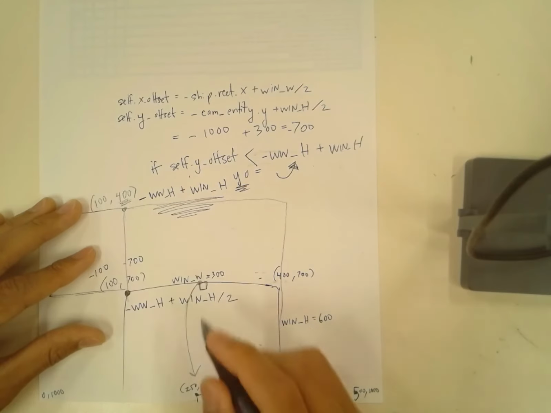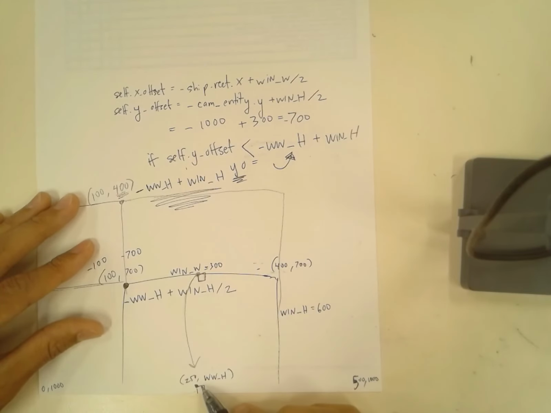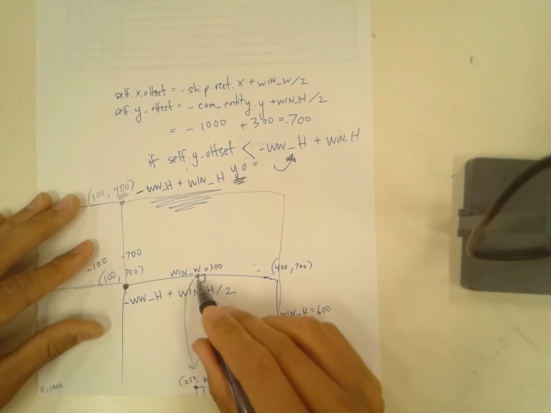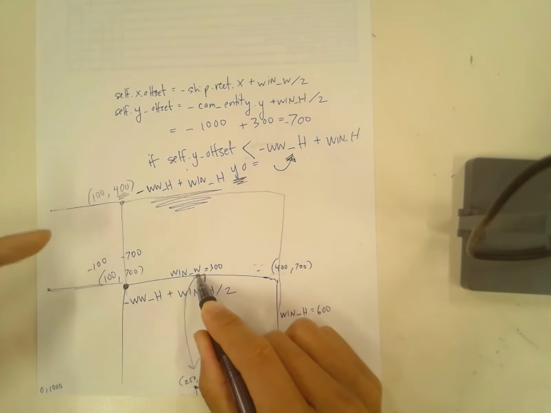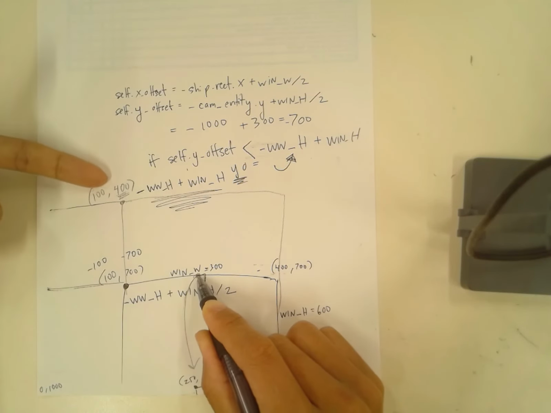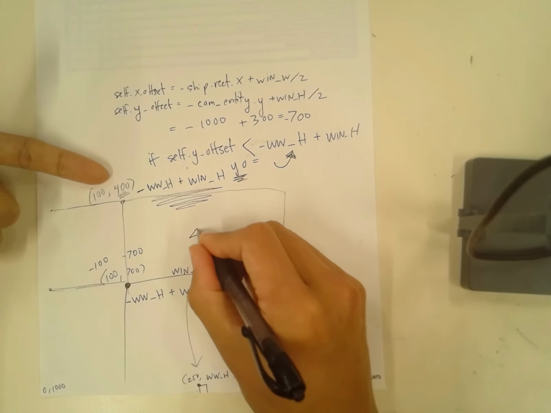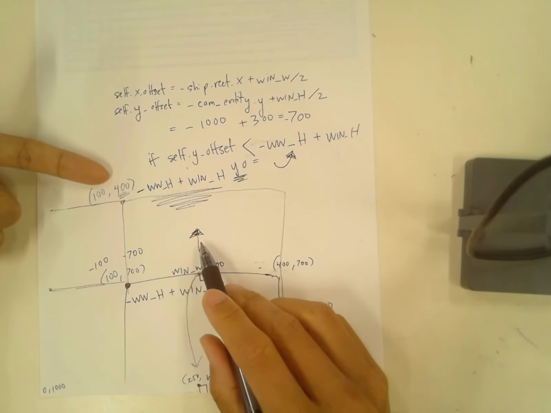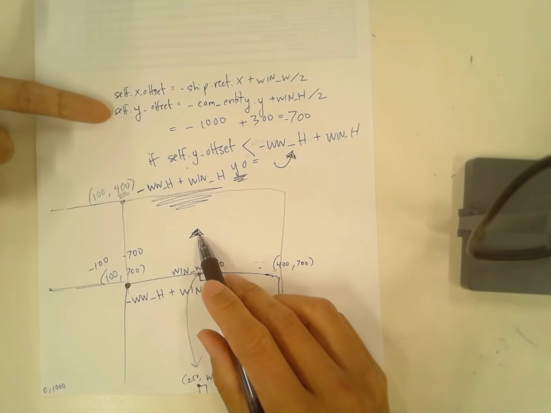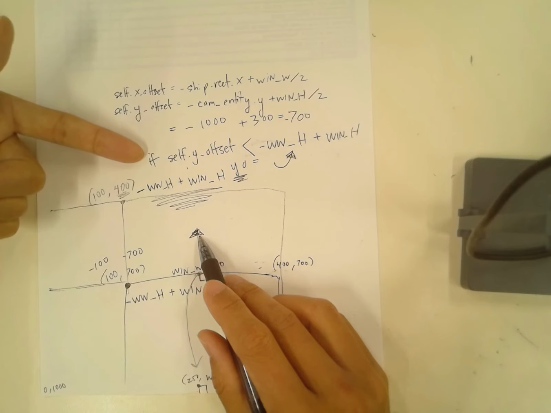When the camera entity is here, until when the camera entity gets to here, the y offset will be stuck at negative 400. And then if the camera entity continues moving upward, then the y offset will be calculated using this expression, because this condition will not be true.